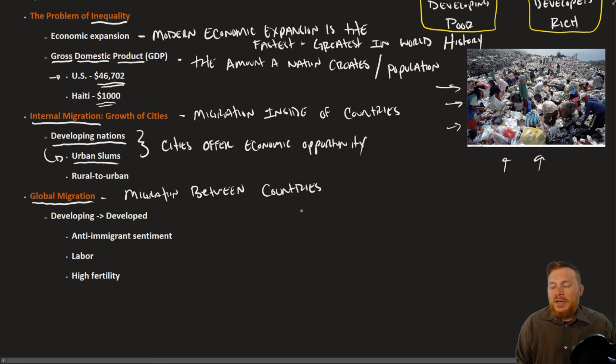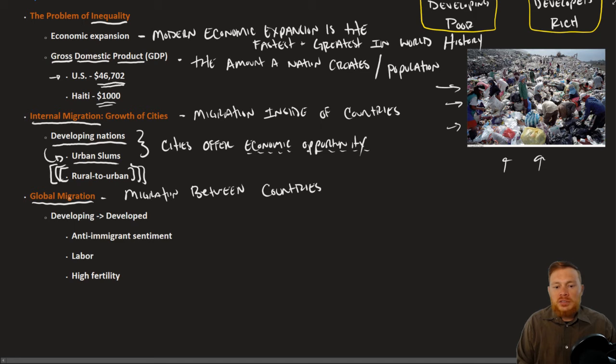For as bad as some of the cities may be in developing nations because of the overcrowding and the continuous influx of people moving there, there is still more economic opportunity in the cities than there is in the countryside. So by internal migration, we're talking about a rural to urban migration.